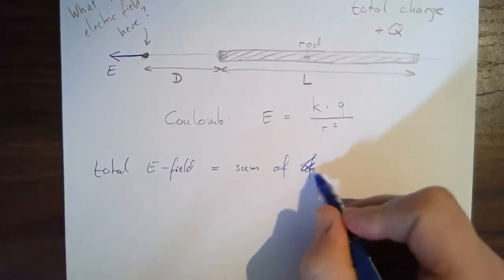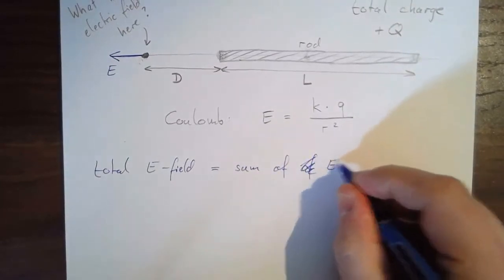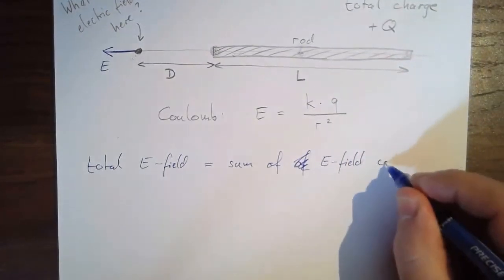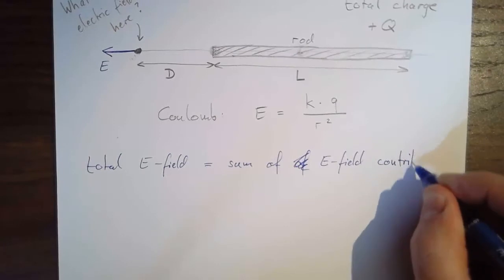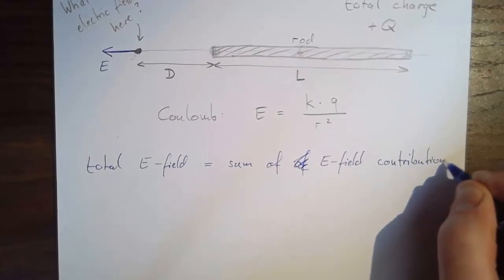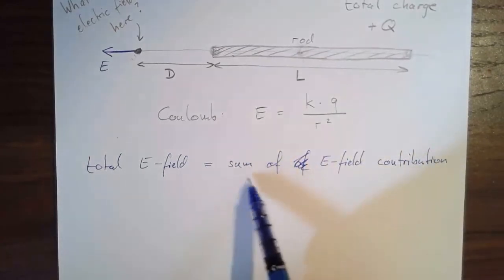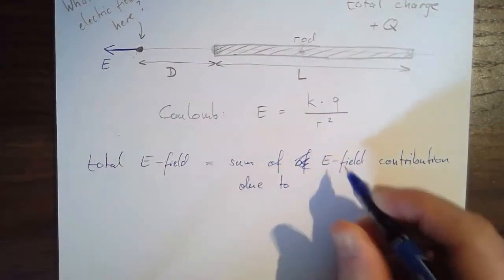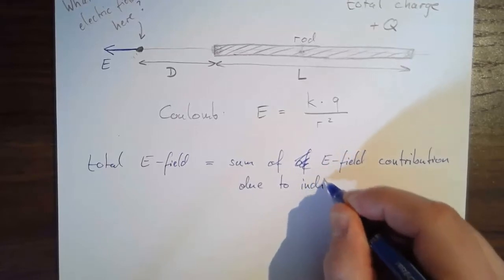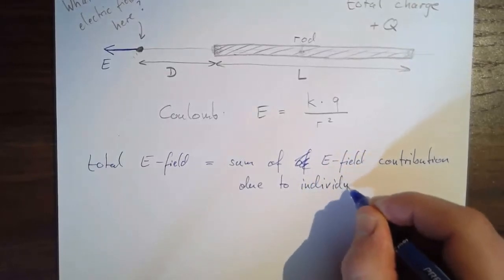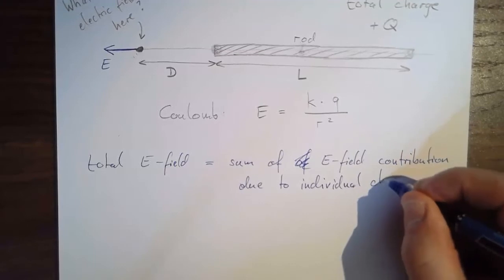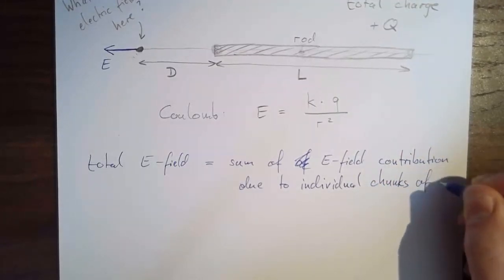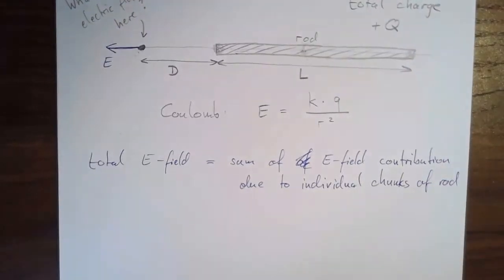Sum of E field contributions, right? Each little chunk works together to make the whole. Sum of E field contributions due to individual chunks of the rod, right?